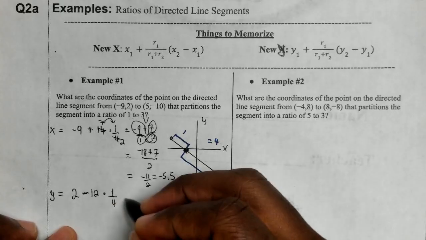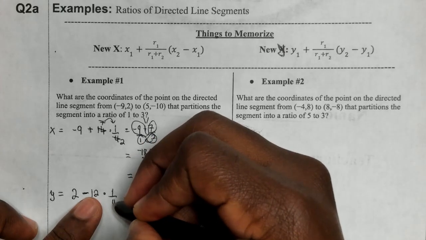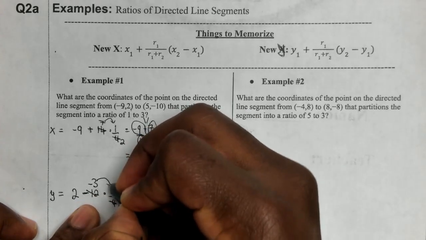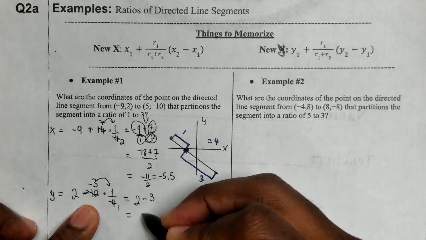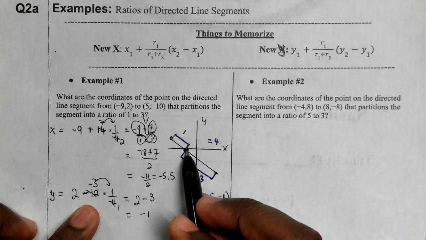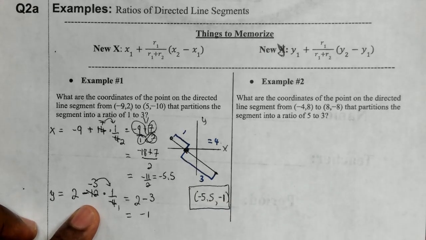So the 2, I'll bring it down. 4 and -12 can be simplified by 4, so this would be -3. Then you multiply, that would be -3, and then 2 minus 3 is -1. So the y value would be -1, which looks like it's approximately right here. So again, just like that, that would be my answer.